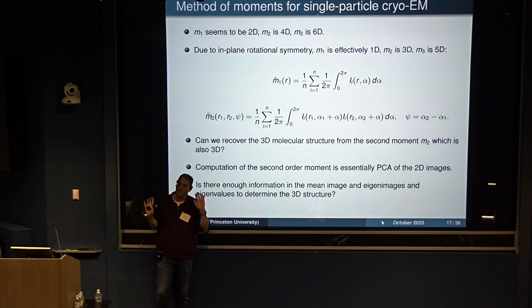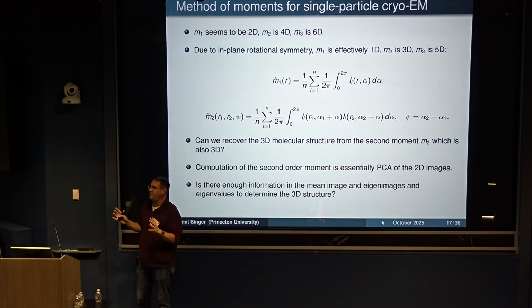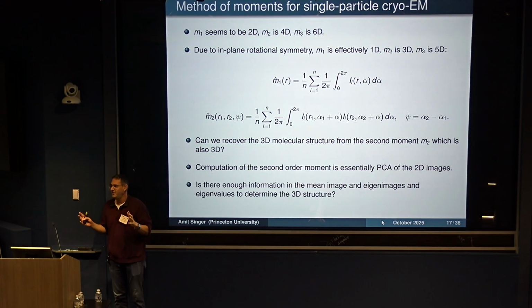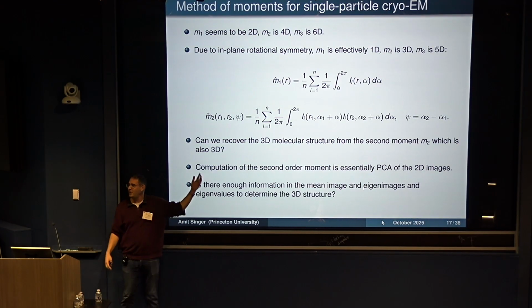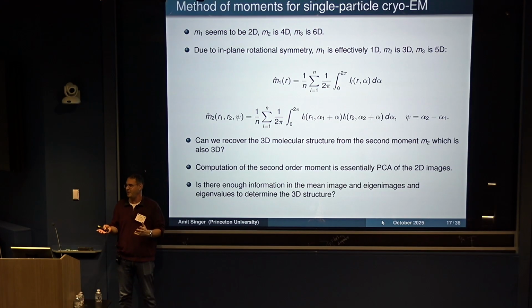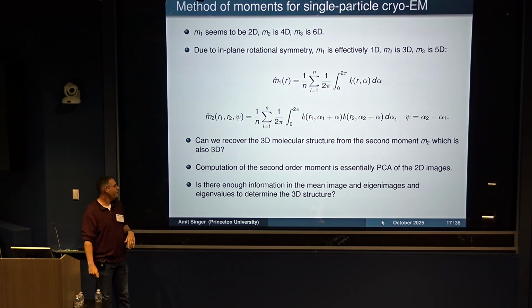You say, I need to reconstruct a 3D volume, a 3D structure, and the second moment is effectively three-dimensional. Maybe we're lucky and we have the same number of parameters and the same number of variables, and we can invert the relationship and be done. So is it enough just to consider the first and second moment and get the 3D structure?